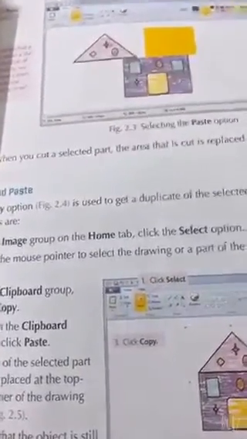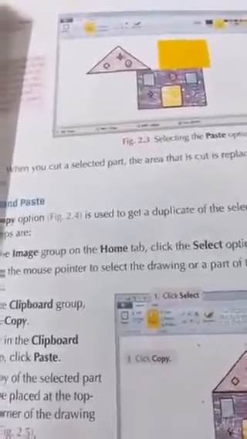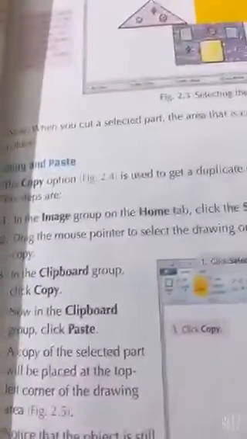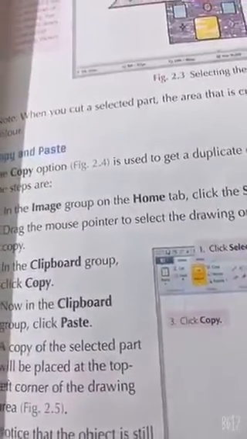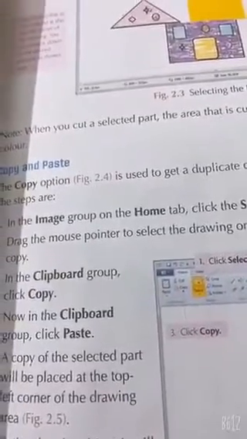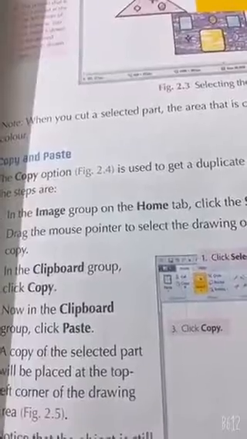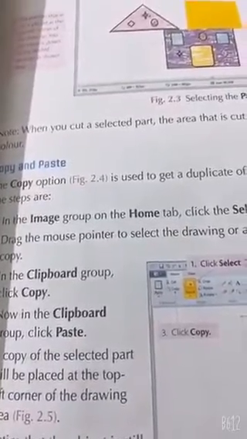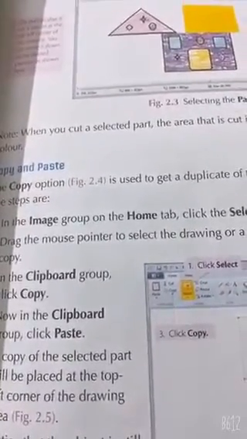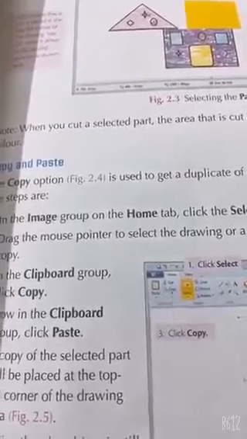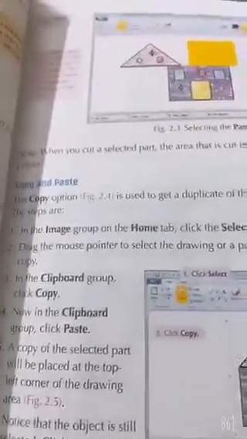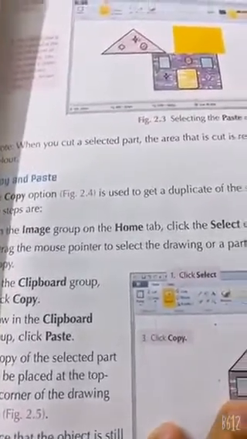Like in the last lecture, we can directly use shortcut keys to copy our object, that is Ctrl plus C. In our keyboard, we can press Ctrl plus C to copy an object in our drawing.